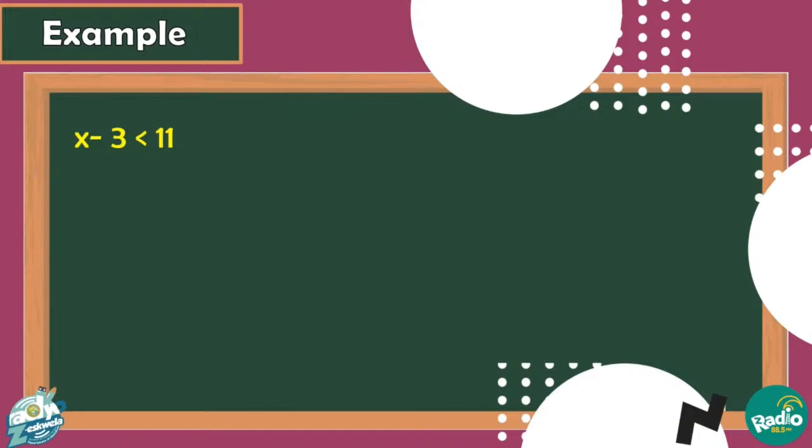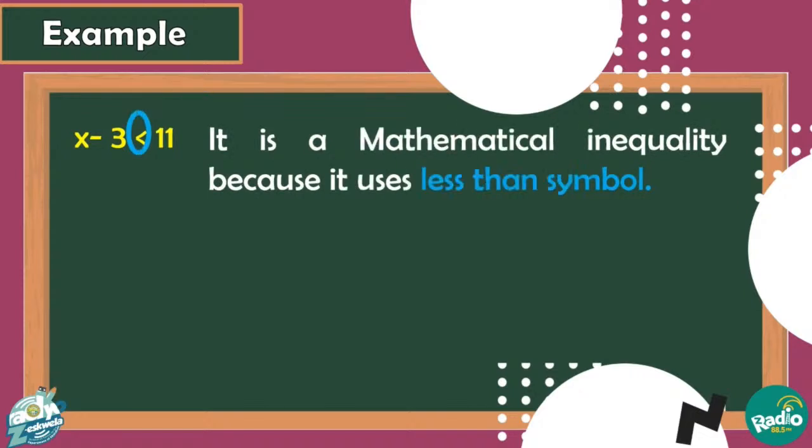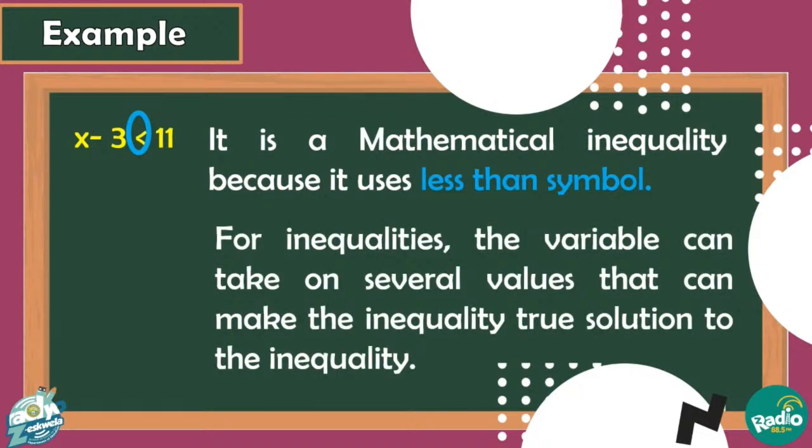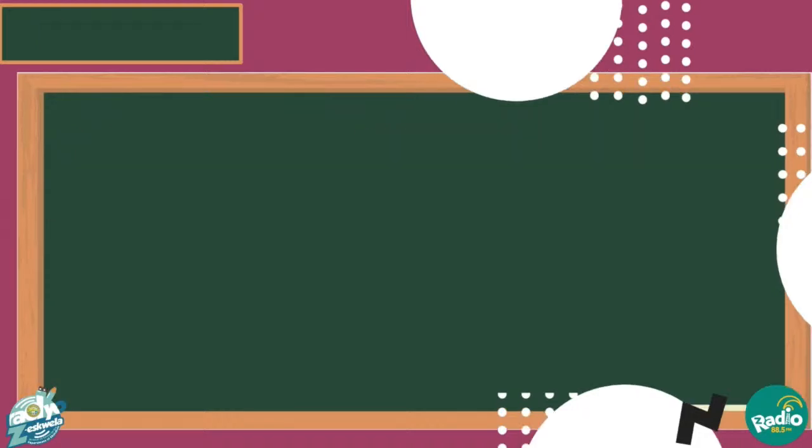X minus 3 is less than 11. It is a mathematical inequality because it uses the less than symbol. For inequalities, the variable can take on several values that can make the inequality true, which are solutions to the inequality.